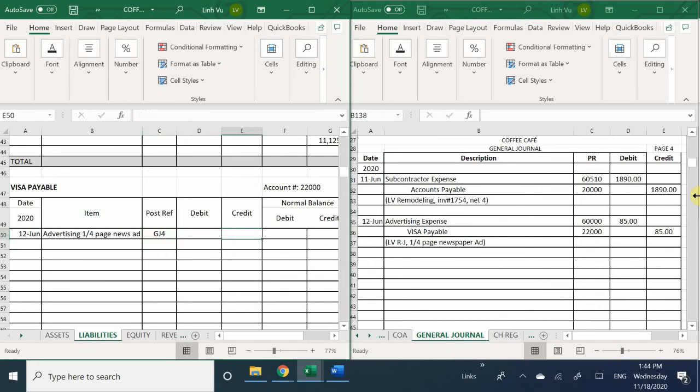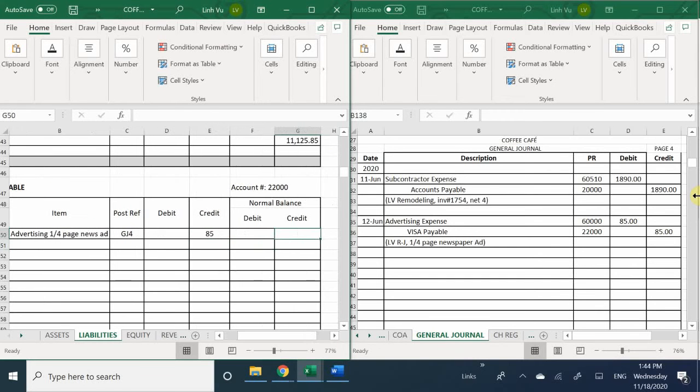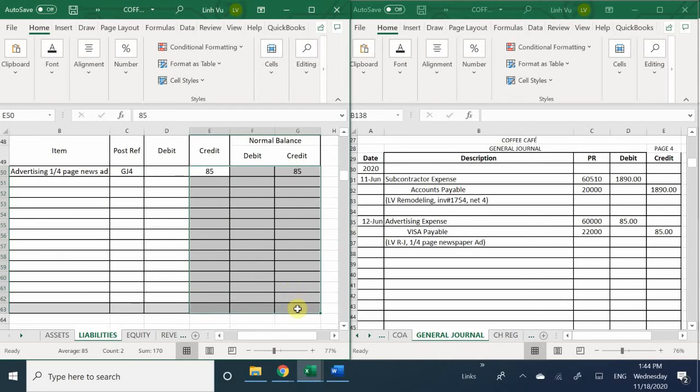And because it's a liability, I'm going to credit my account for $85, making my balance, because it's my first transaction, $85.